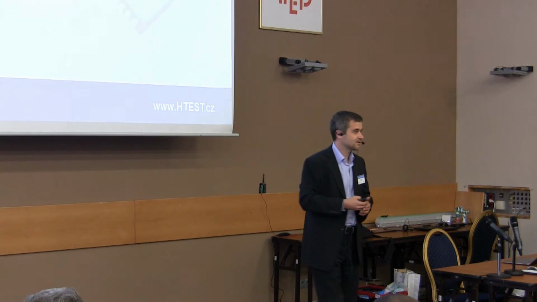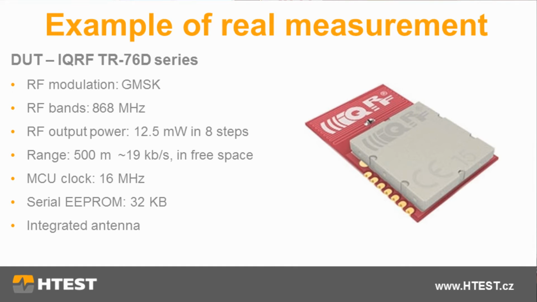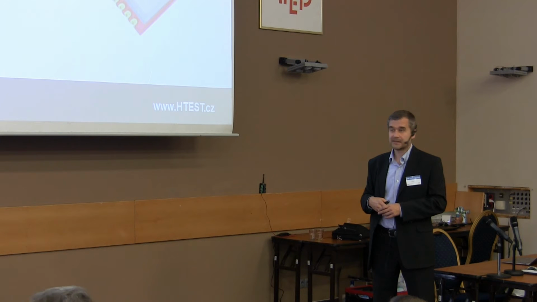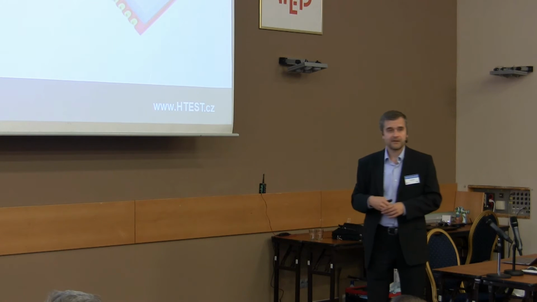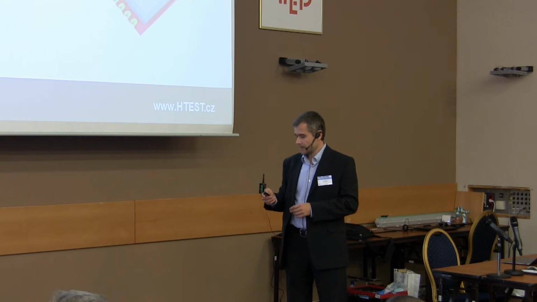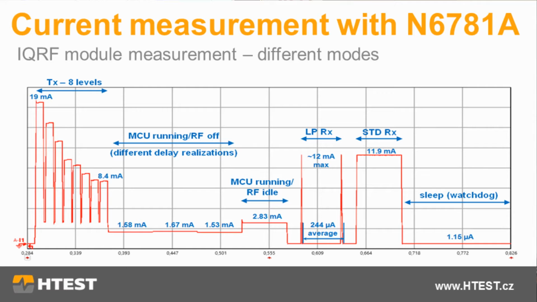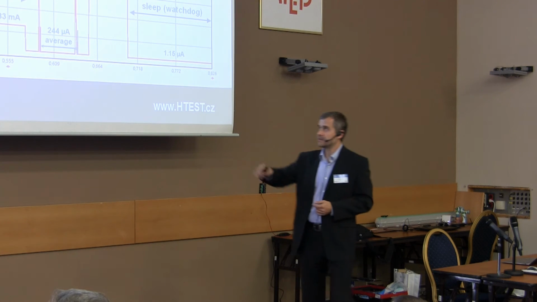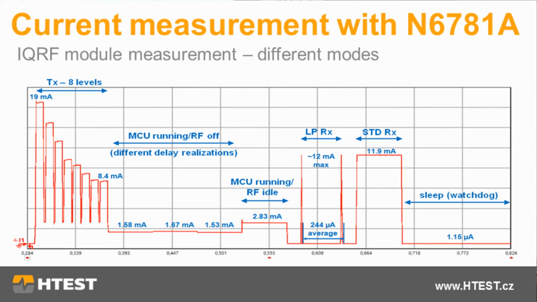And what else could we measure than an IQRF module? So we chose the TR7876D with integrated antenna and 8 levels of RF transmit power. We measured this with the power analyzer, and this is the programmed states of the module. The first 8 pulses are 8 different levels of transmission.